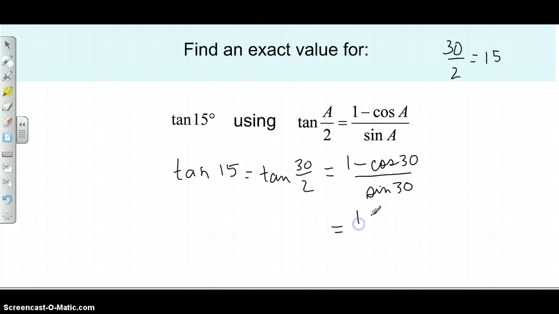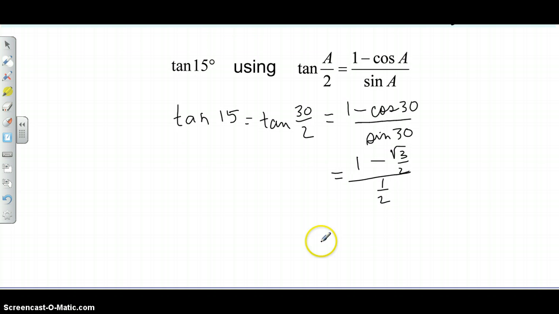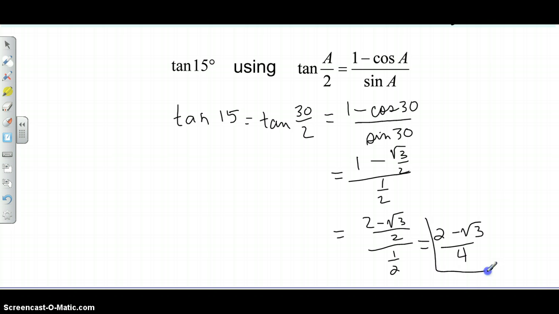And that becomes 1 minus, and now remember, cosine of 30 is root 3 over 2, and sine of 30 is half. Simplifying further, this becomes 2 minus root 3 over 2, again, all over a half, and then that becomes 2 minus root 3 over 4.